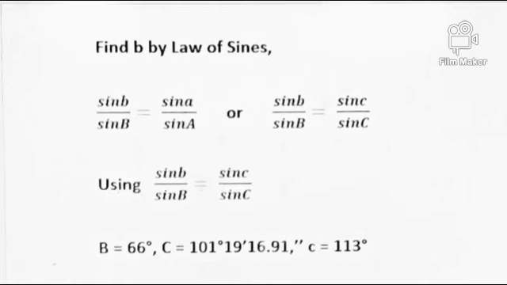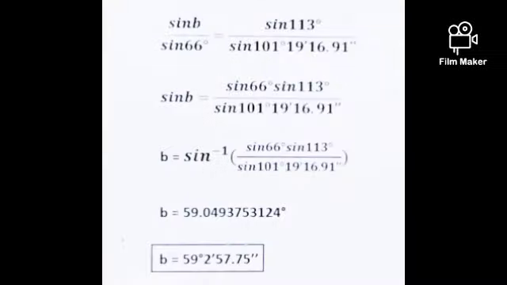Capital B equals 66 degrees. Angle capital C, 101 degrees, 19 minutes, 16.91 seconds. And side small c, 113 degrees. After the substitution, we get the equation sine small b over sine of 66 degrees equals sine of 113 degrees over sine of 101 degrees, 19 minutes, 16.91 seconds.